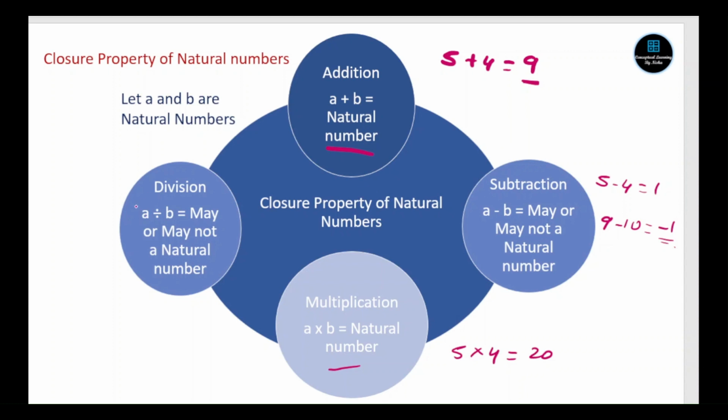Same thing for division, it is not always a natural number. If I say 10 divided by 5, I'll get 2, which is a natural number. But if I say 1 divided by 2, then we'll get 0.5, which is not a natural number, correct? So the closure property is valid for addition and multiplication of natural numbers.